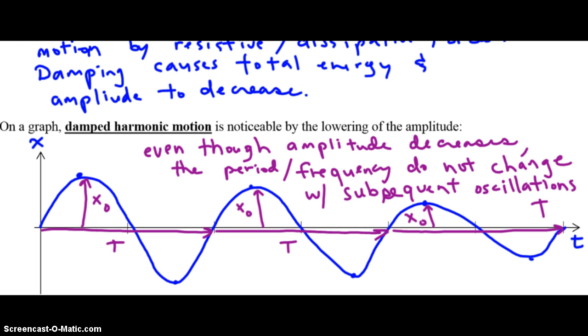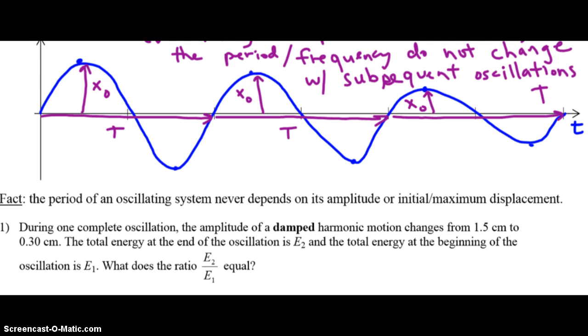So, in fact, the period of oscillation never depends on the amplitude or the initial or maximum displacement. So just because the system isn't going as far with subsequent oscillations doesn't mean that the period will change. The period stays constant as each oscillation follows the next.